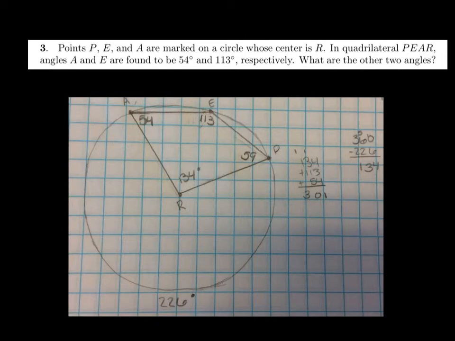And because of the inscribed angle, you automatically know that the arc from the center point is the exact same amount, which is half of 226. So from there, all you have to do is take 360 and subtract 54, 113, and 134.